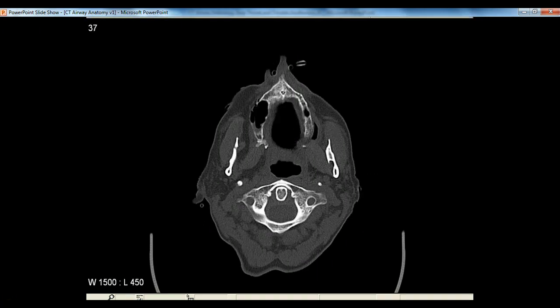So now we're into the oropharynx below the bony palate, and you can see the alveolar ridge, the bones of the face that make up where your teeth go in. The teeth are in that bony ridge, the alveolar ridge. You can still see some of the soft tissue of the soft palate there, dividing the posterior nasopharynx and oropharynx from the anterior oropharynx.